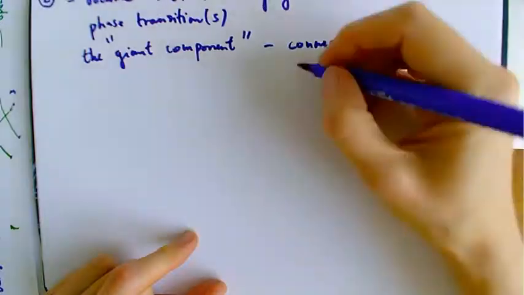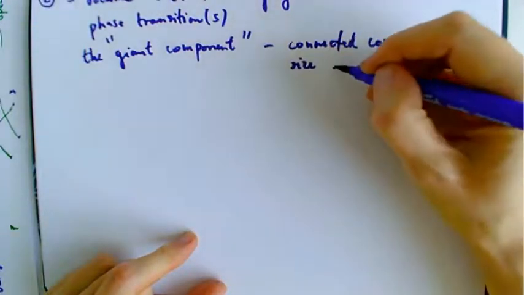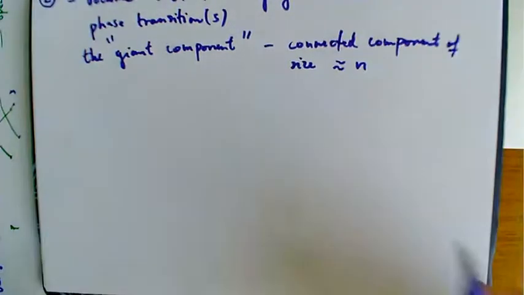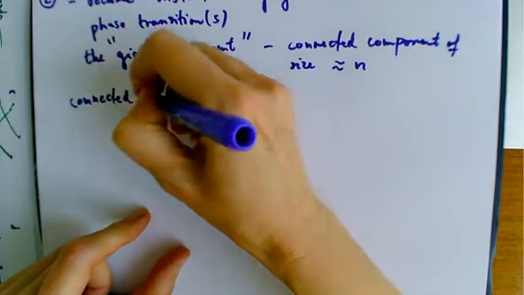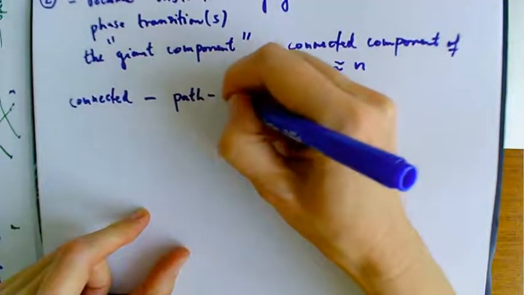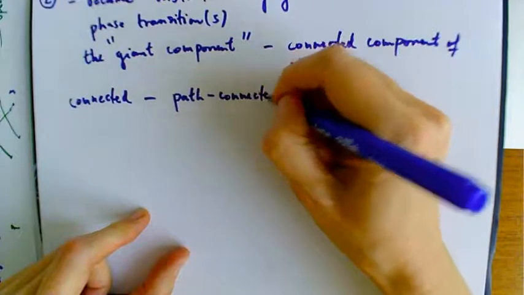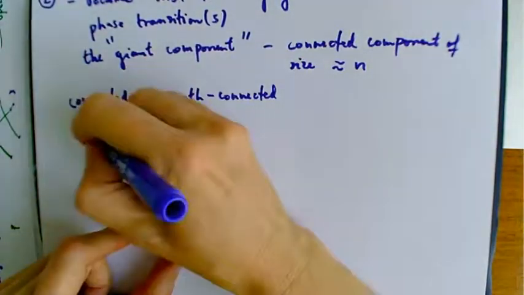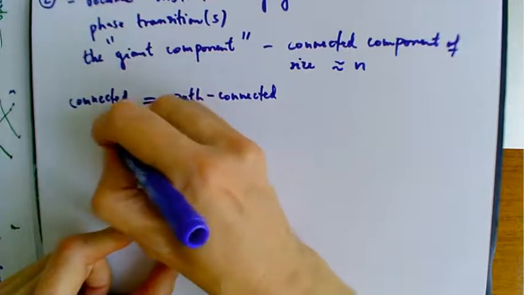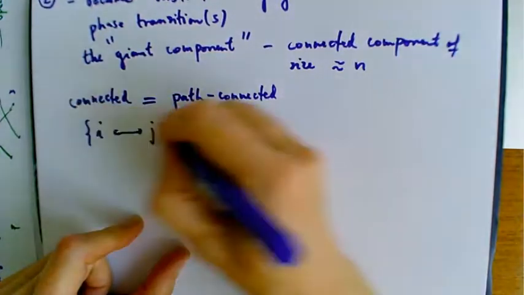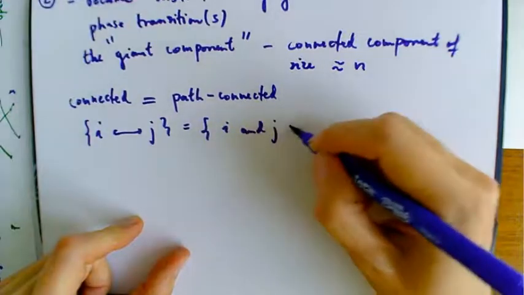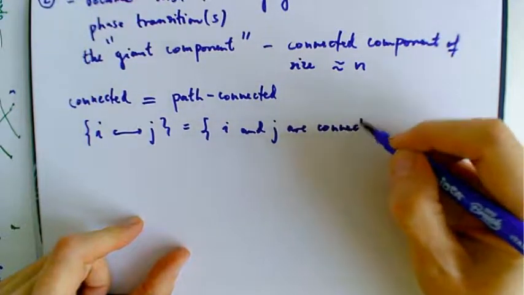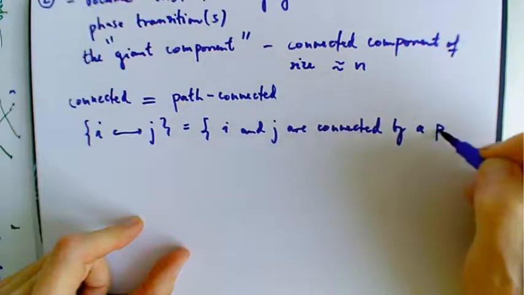of size order n. Okay, remember there are n vertices, and so here by connected, I just mean, of course, path connected, right? And we say that i and j are connected by a path. So this is an event, in words you would say i and j are connected by a path.